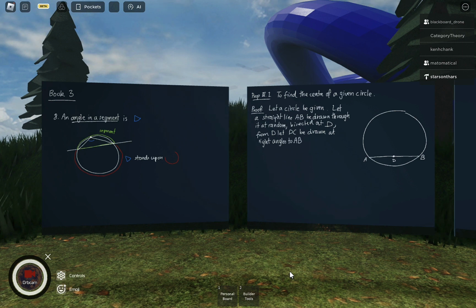Again, we know we can do that. And we let it intersect the circle at, I apologize for the background noise, at C and E. It doesn't matter which side these are on.